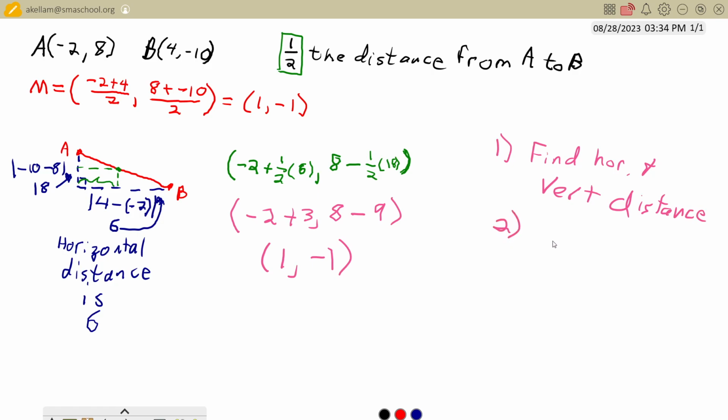Then, after we have found our horizontal and our vertical distance, we then need to determine the starting point, which will be determined for us here. This gives us our starting x value, which I will call x naught, and our starting y value, which I will call y naught.